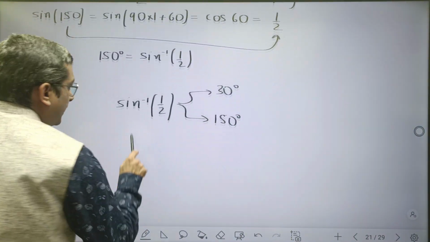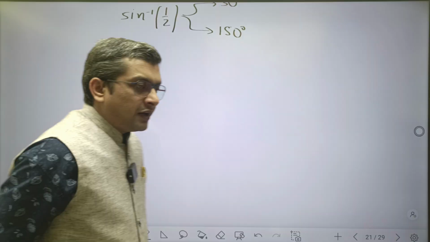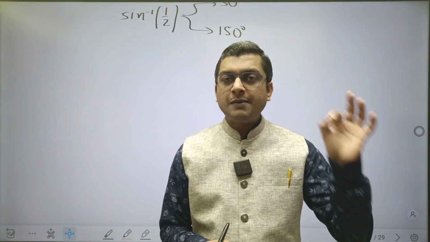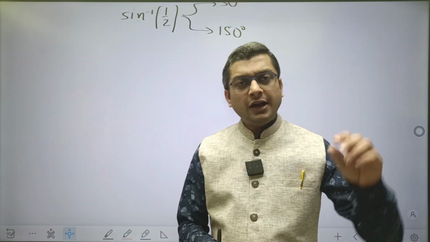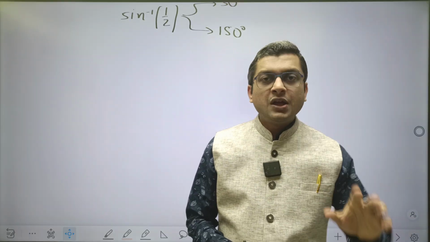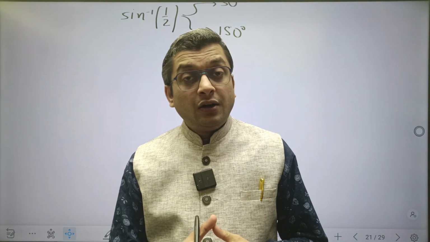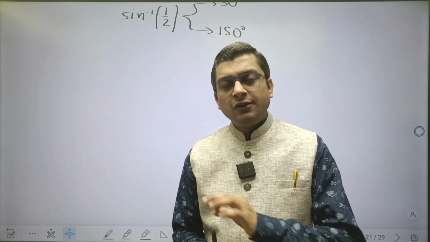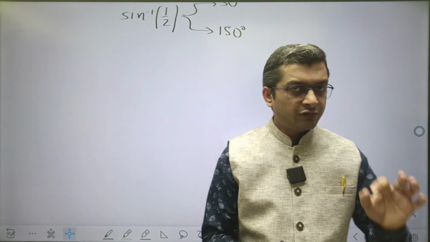So again I am saying, don't learn the rule, just observe the examples. We will have at least 5 to 6 examples, and if you observe these examples carefully, then this procedure will be crystal clear to you. It's very easy.